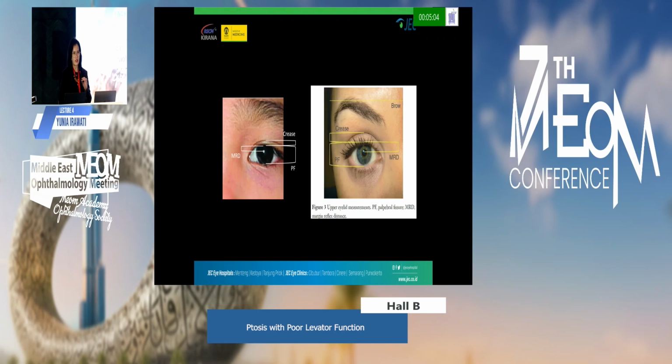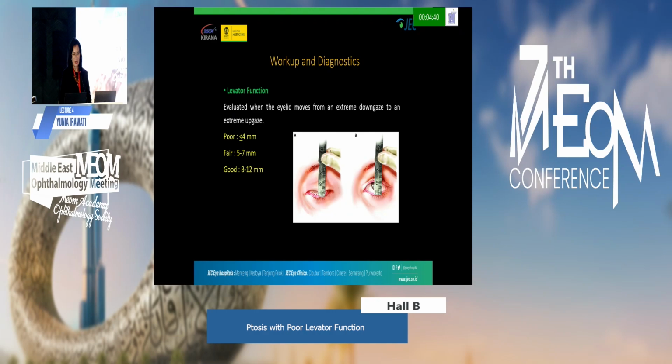The lid crease is also very important, because we make the incision from the lid crease, and the height is different by race. Usually in Indonesia, in a man the height is 5 millimeters, and in a woman 6 to 7. But here in the Middle East, you have a different contour of the lid crease.